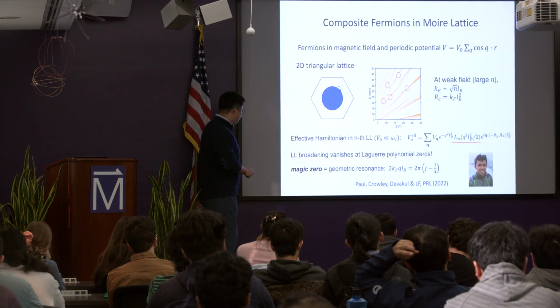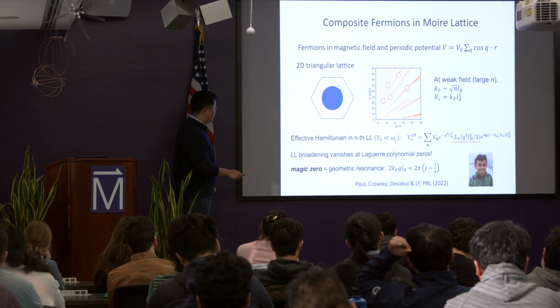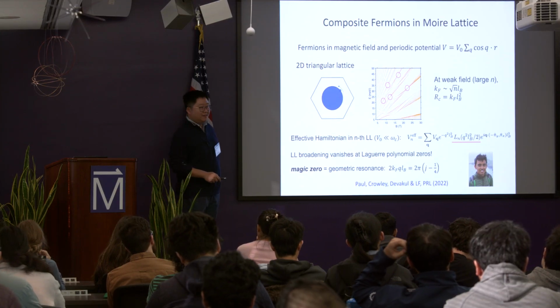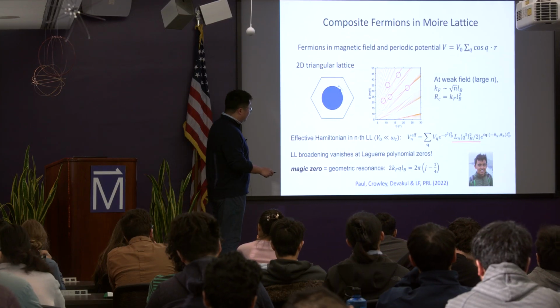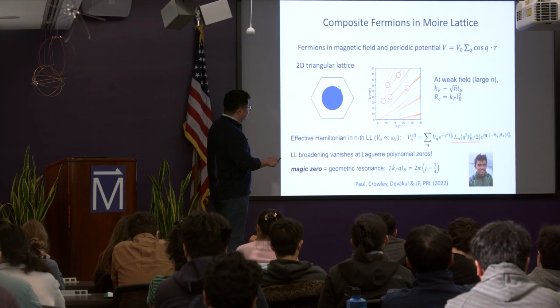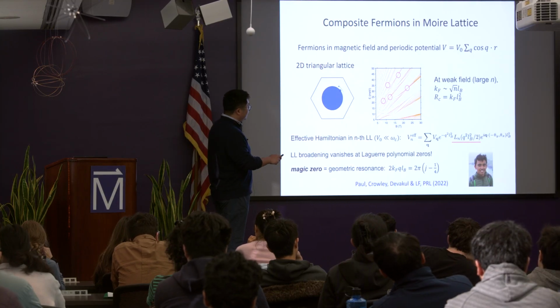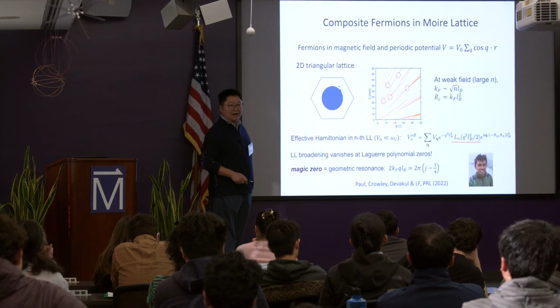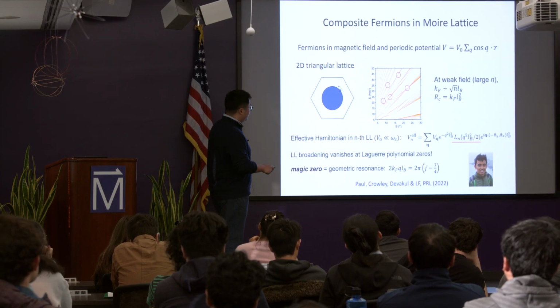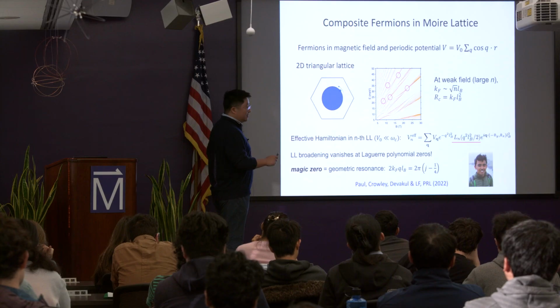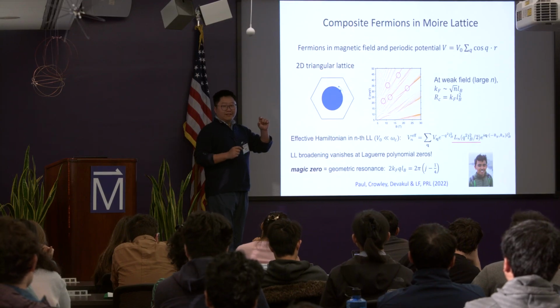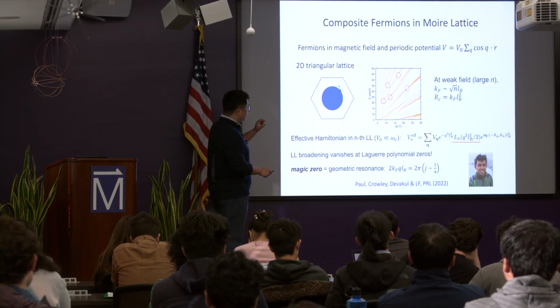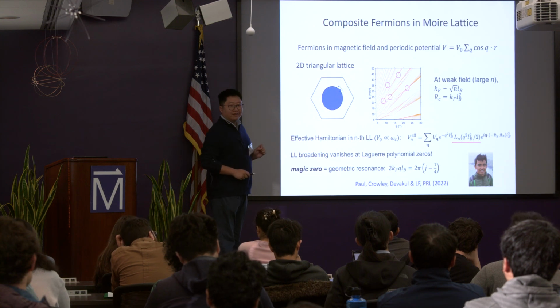Okay. Now the interesting thing is that this polynomial has zeros. What this means is that if you look at the spectrum of any Landau level in a high field, without the periodic potential you just expect equally spaced Landau levels. But with a weak periodic potential, the Landau level will generally be broadened, but at special magnetic fields the broadening vanishes.